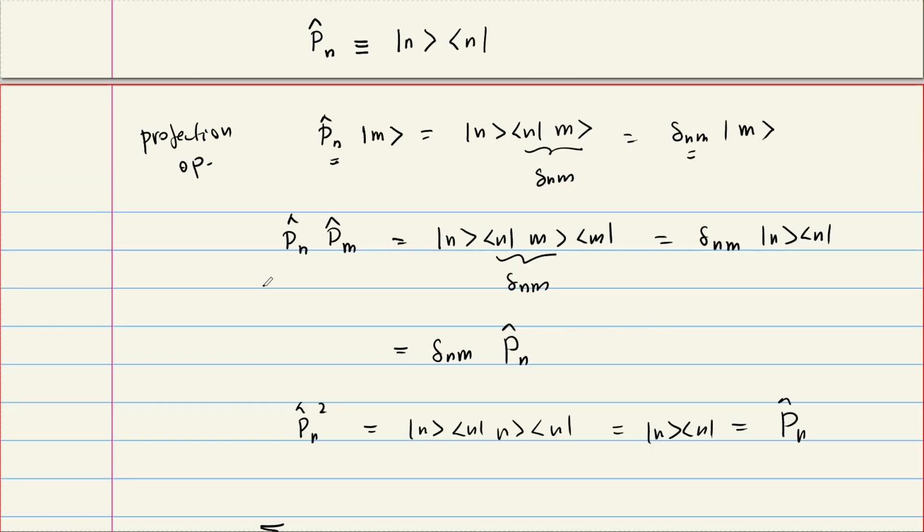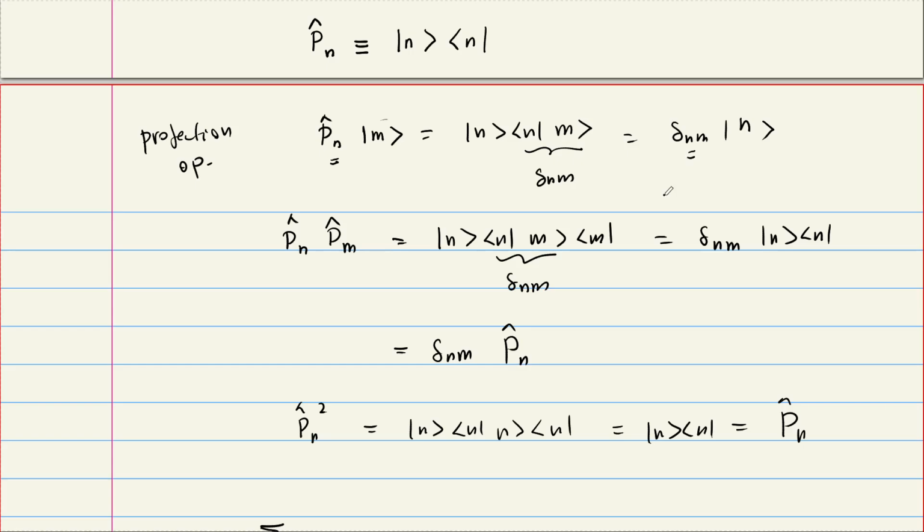Hocam, why do you write n after the projection line? So this one? Yes, at the end we write n. Oh yes, this is n. Because delta n m, right, it doesn't matter.